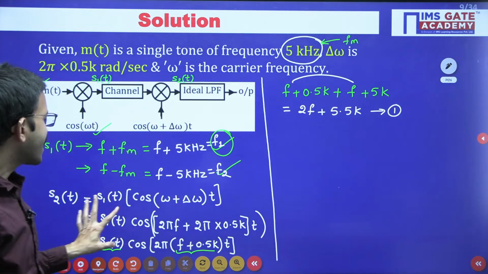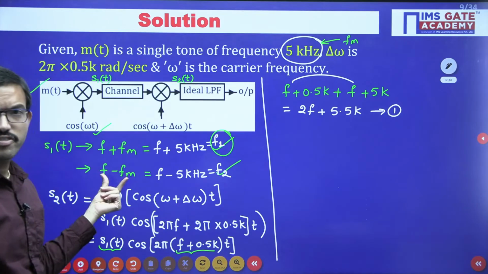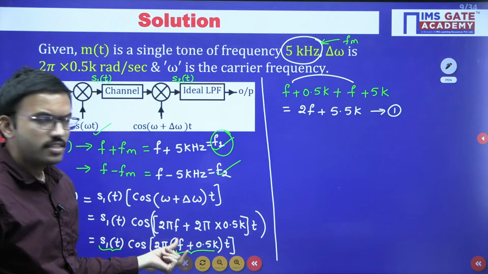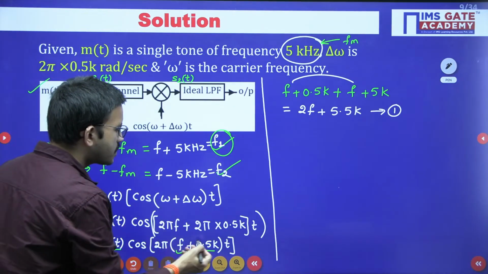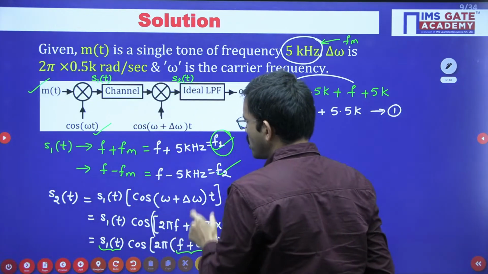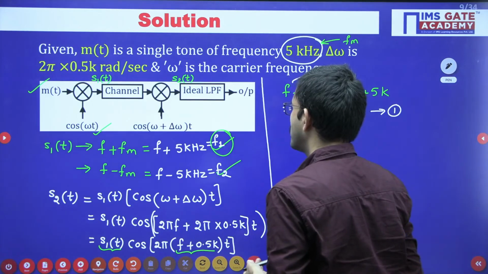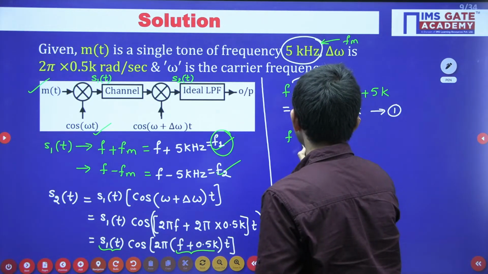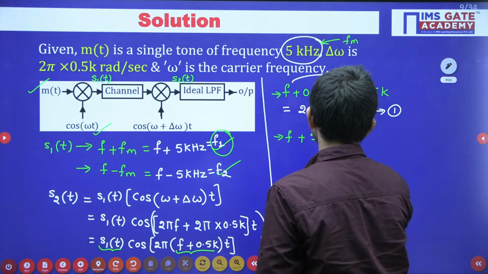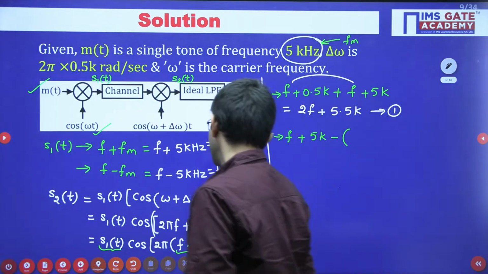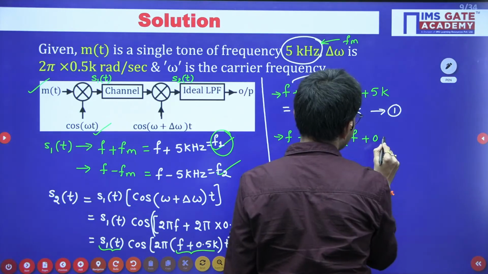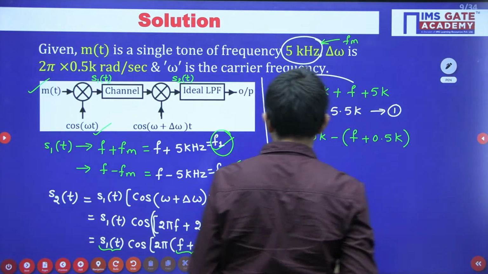Now another one is the difference of frequencies. Just observe this frequency and this frequency, which one is larger? Here f plus 0.5, here f plus 5, obviously this is larger. So you subtract smaller from larger, so you will get f plus 5k minus the entire frequency f plus 0.5k.